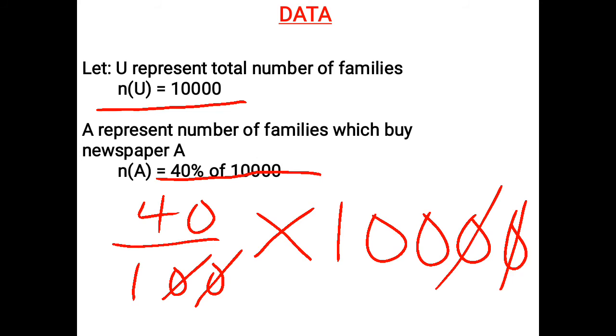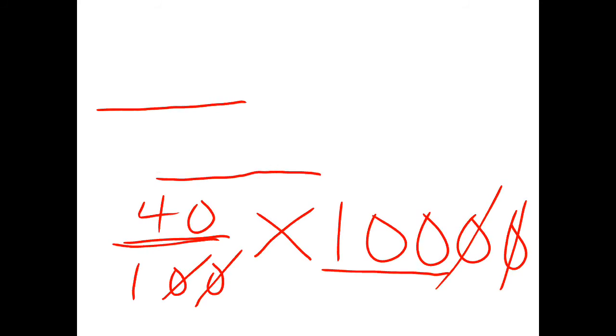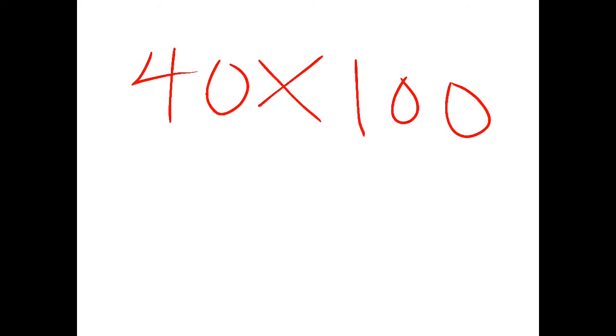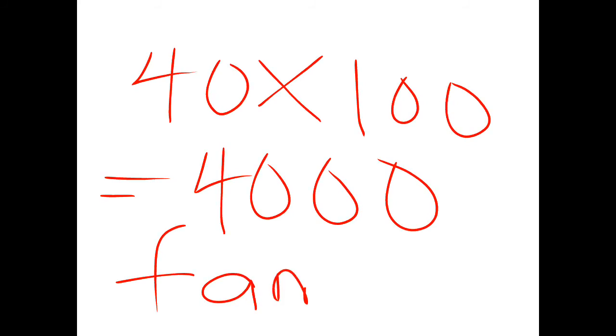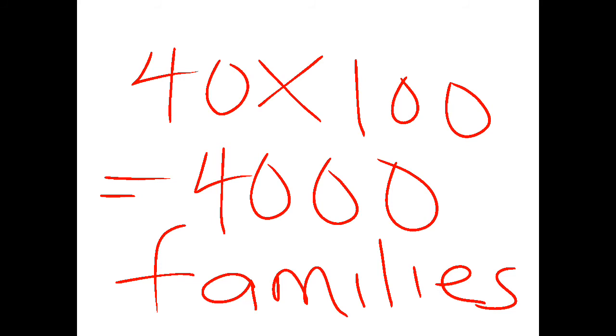So I'm left with 40 times 100. And that should give us 4,000. All right, so 4,000 families buy newspaper A.